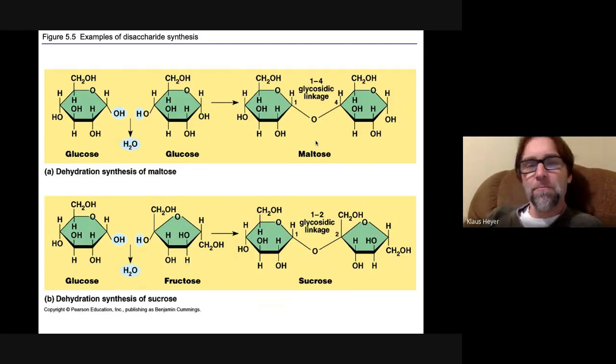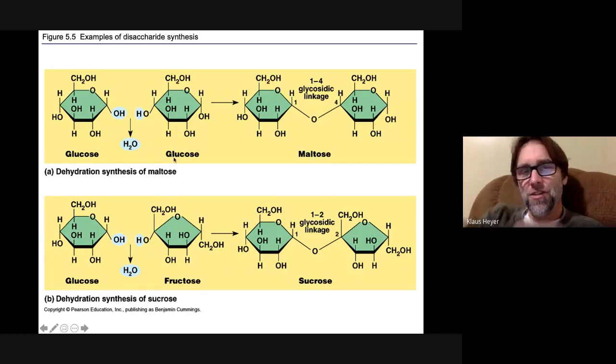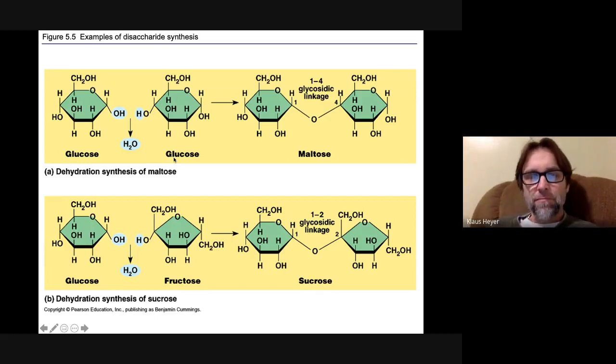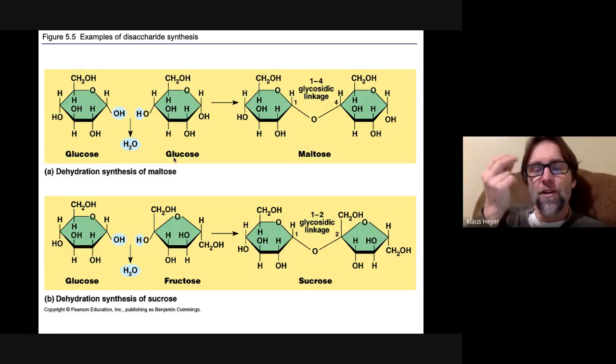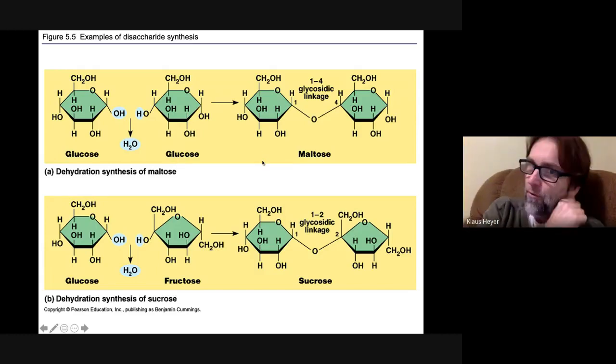But for now, what you need to know is that there are 3 disaccharides. You don't need to know what they look like, but you need to know what they're made from. In one case, we're taking one glucose and attaching it to another glucose. So 2 glucose molecules stuck together makes a molecule of maltose.